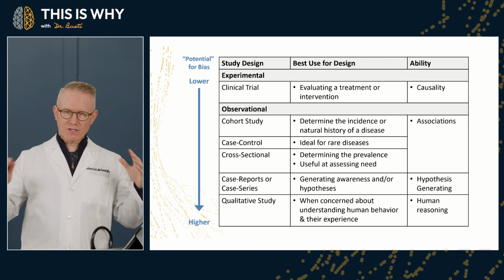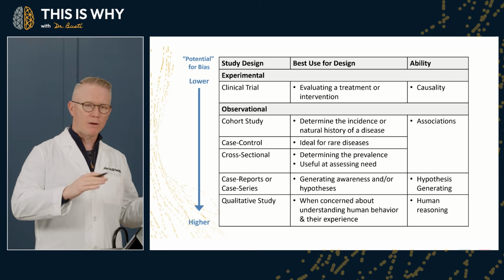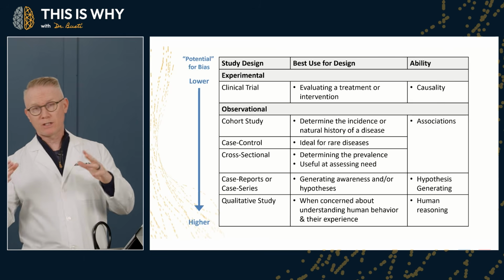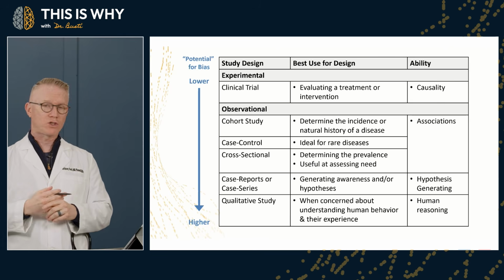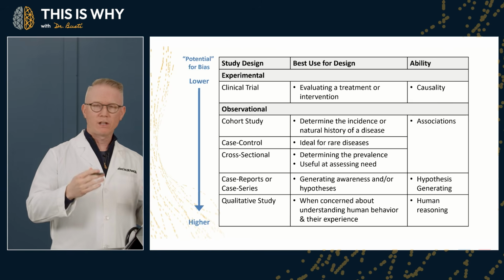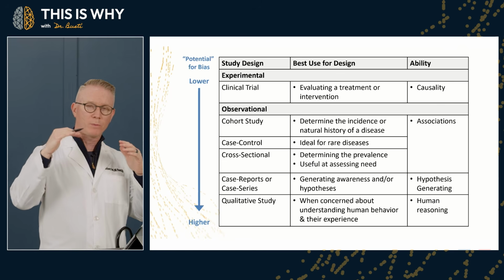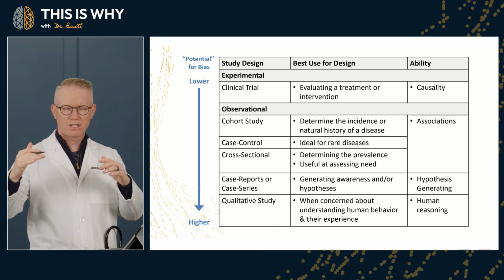Now, we talked about the study hierarchy, and I'll bring that back up here in a minute. But you've been hearing about bias, and that's going to lead to another lecture on internal and external validity. But this is really looking at why we care about these study designs. Why do we go through the pros and cons, the advantages, disadvantages?